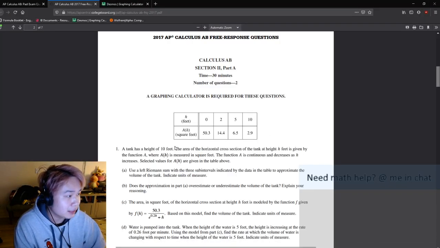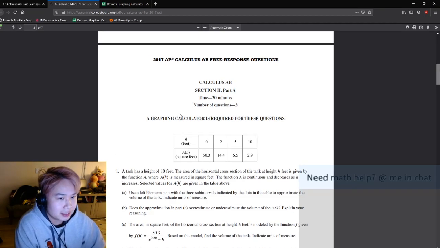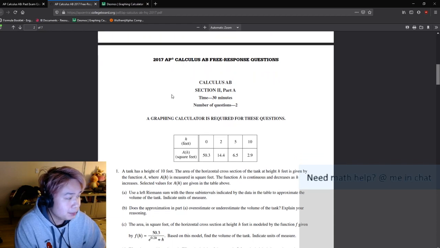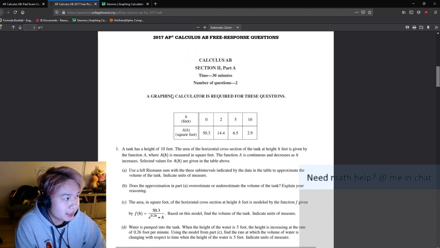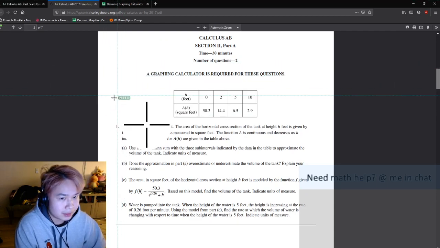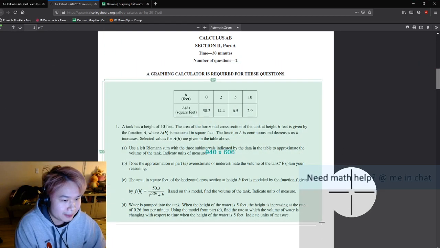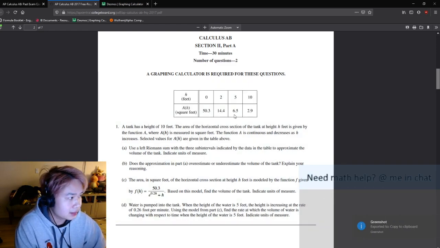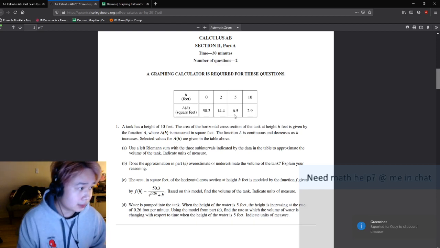Enough about IB. We're gonna go through the 2017 BC AP Calc free response. I've done two so far, so I kind of know the pattern. The first couple of questions are going to be calculator, and then some will be non-calc.